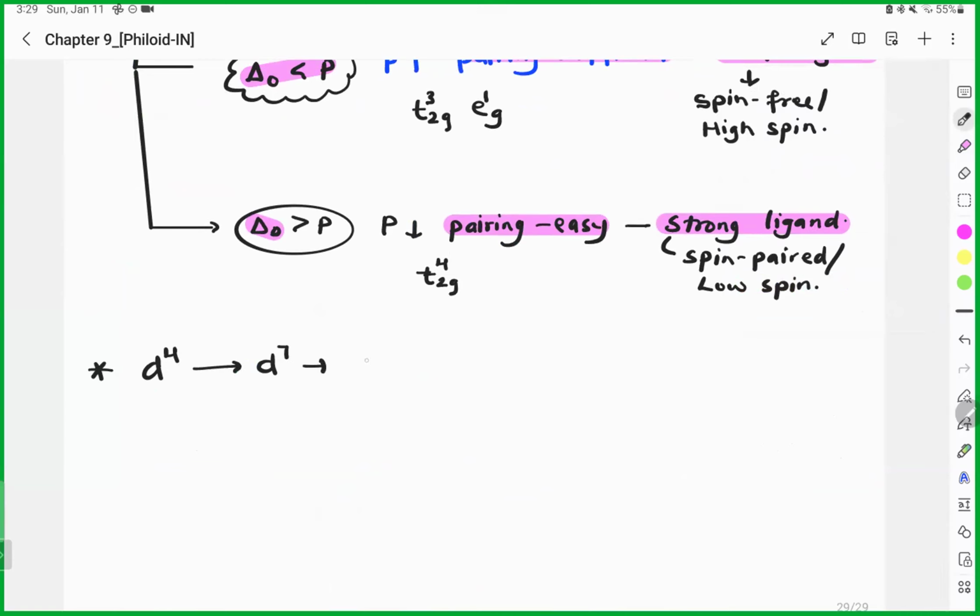And you will see from this to this, a strong ligand will make the compound more stable compared to the weak ligand. Any doubt, guys? No, sir.